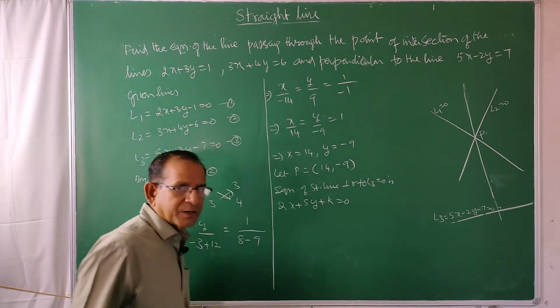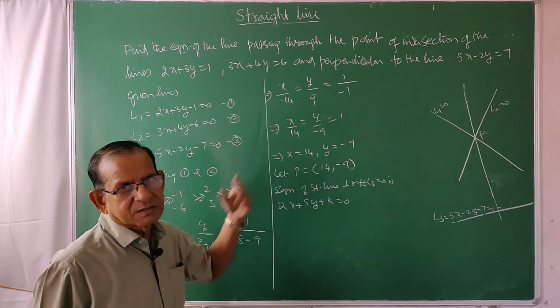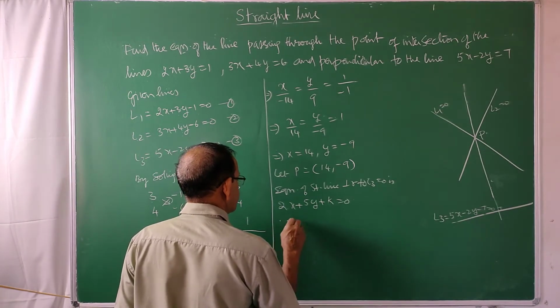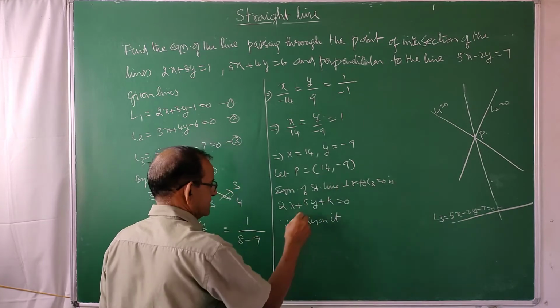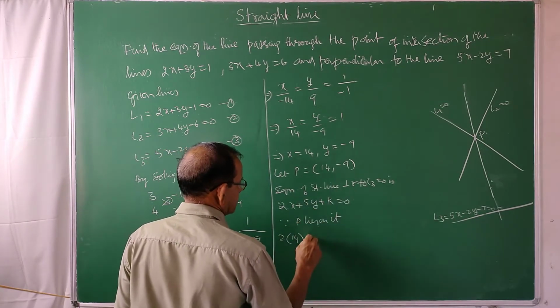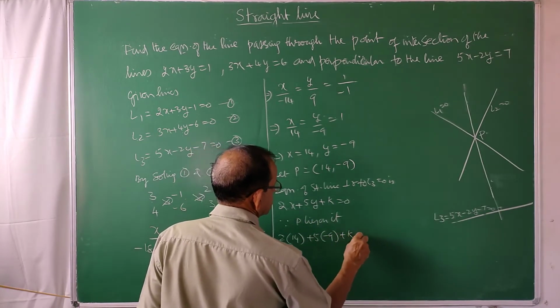Now I have to find out the value of k, because P is a point on this line, or this line is passing through that point. Since P lies on it, substitute P coordinates: 2 into 14 plus 5 into minus 9 plus k is equal to 0.